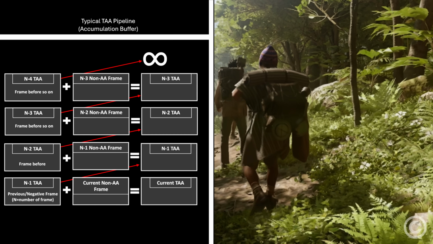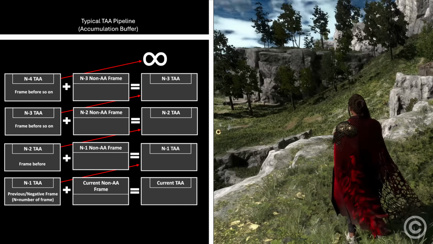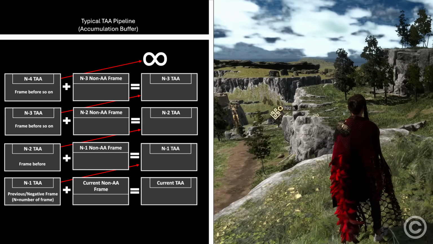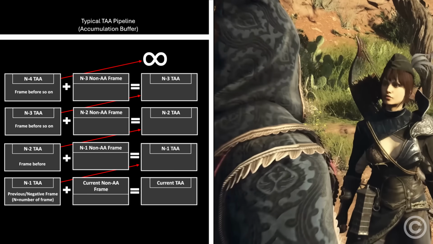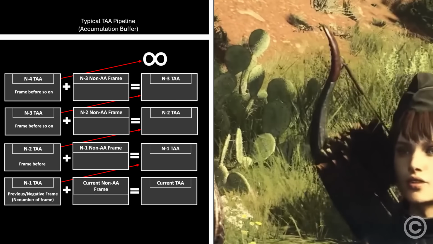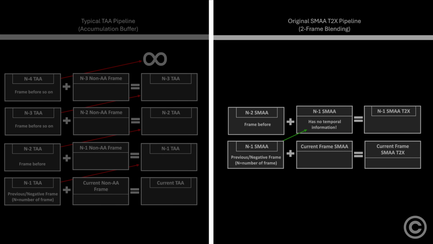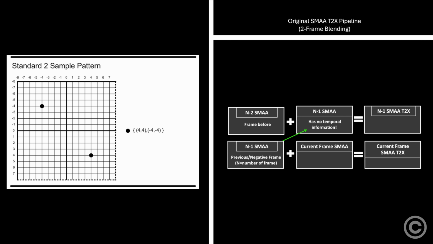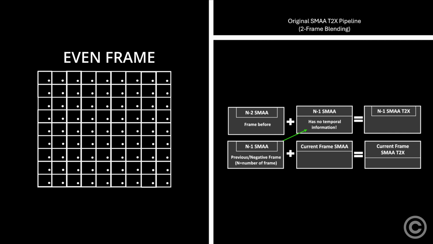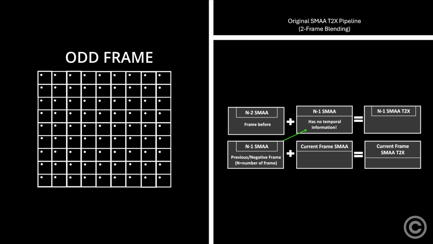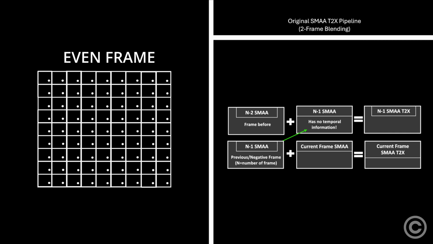These ghosting trails, artifacts, and general mass blurring is impossible to encounter when you only blend the previous frame, especially at 60 FPS, where the difference between such frames are very small. With two-frame blending, it jitters the camera to achieve the 2x MSAA pattern every even and odd frame. 2x MSAA will provide the same sampling as 2x supersampling, so after that foundation is achieved, it lets the morphological component handle the rest.